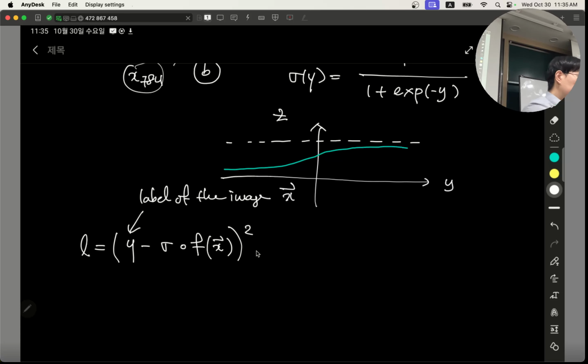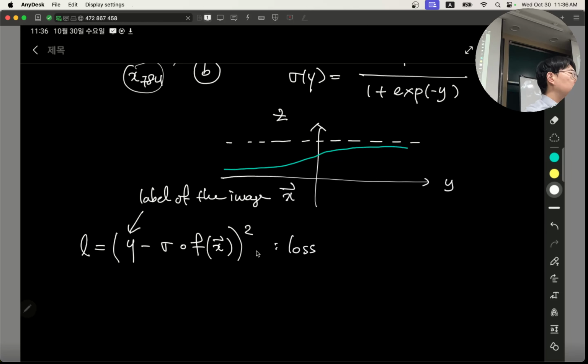So why is it called loss? I think it comes from some physics background. When you think about entropy, there's a loss of entropy, and I think the idea comes from there.